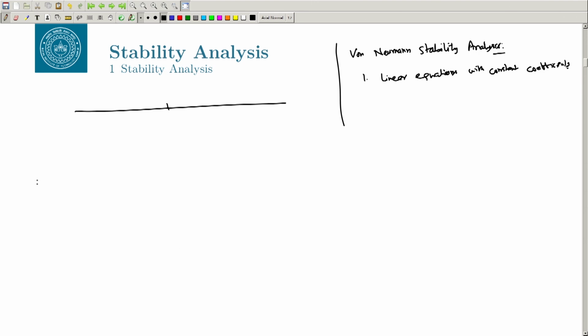So, how will this stability analysis help? Despite some restrictions, you can use this analysis to get very useful information even if you are solving a non-linear problem. The equation may be non-linear, but it may be locally linear, and there whatever outcomes we get from the stability analysis will be applicable.